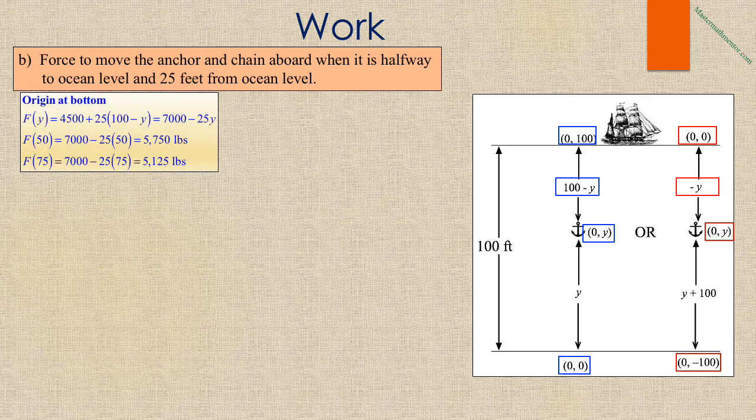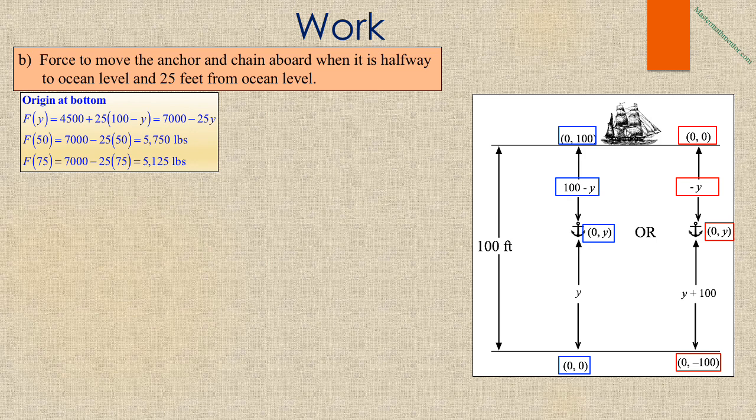We start with our origin at the bottom, which means that the anchor is at the point 0, y. Our f of y will be the weight of the anchor, which is always 4,500 pounds, plus 25 times 100 minus y, which is the amount of chain that needs to be brought onto the ship.